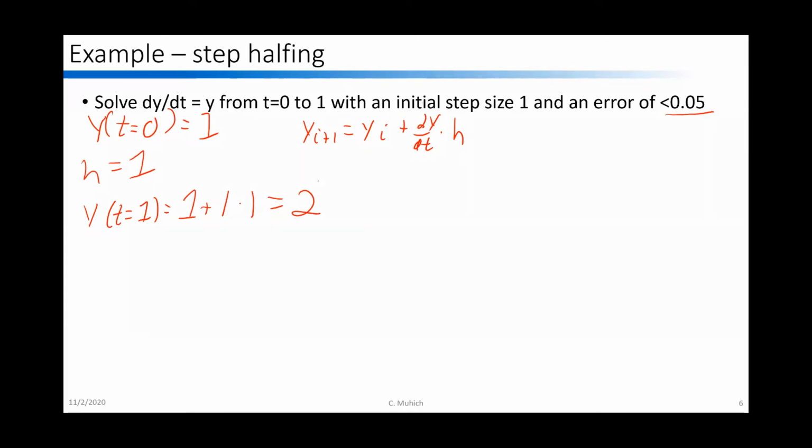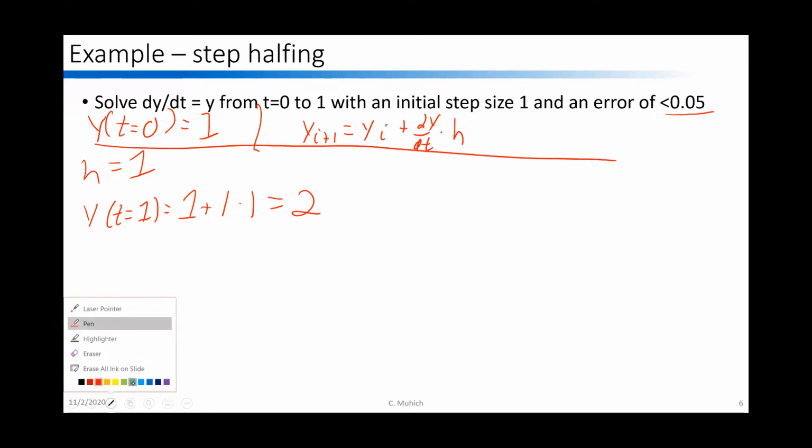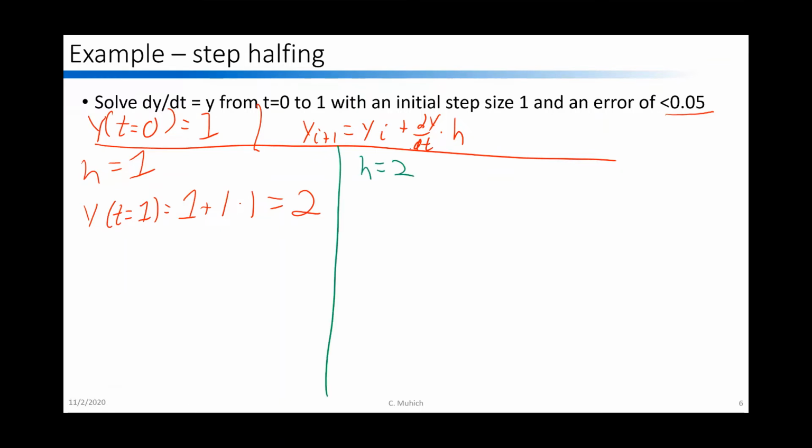Okay, so now we cut our step size in half. Oops, sorry, we should cut it in half, so h equals 0.5. There we go. In this case, I'm going to take 2 steps.